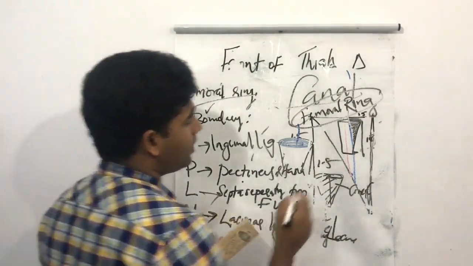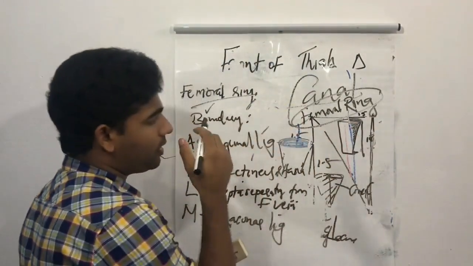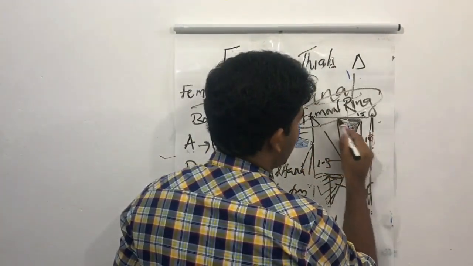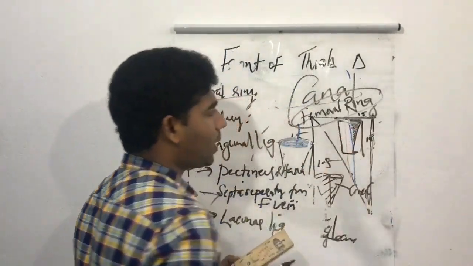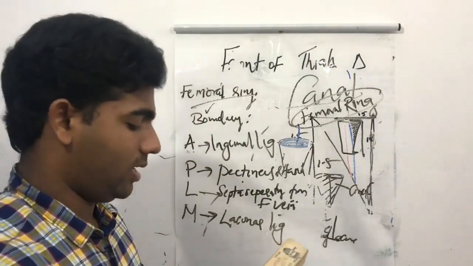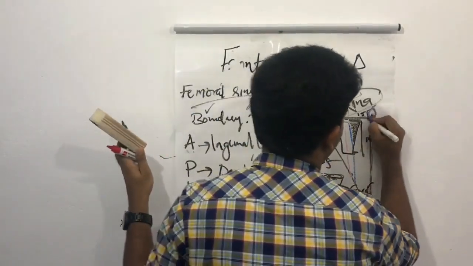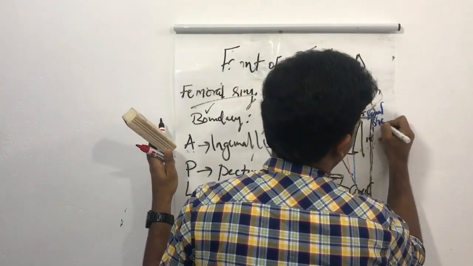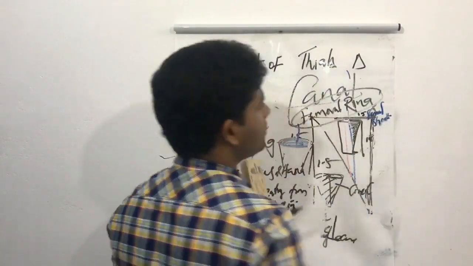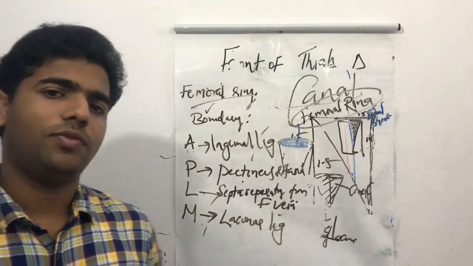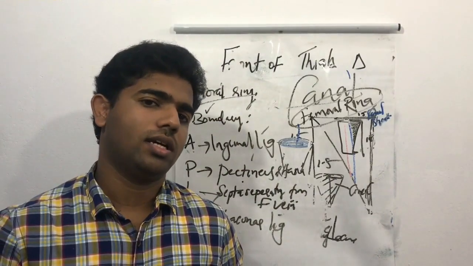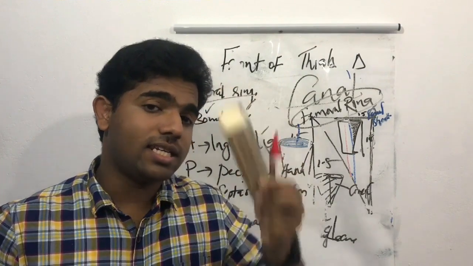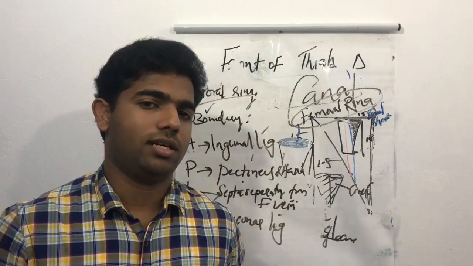Now, this femoral triangle, femoral sheath and femoral canal are closed by an upper layer, and that layer is known as the femoral sheath. And that layer is again covered by a peritoneal layer.